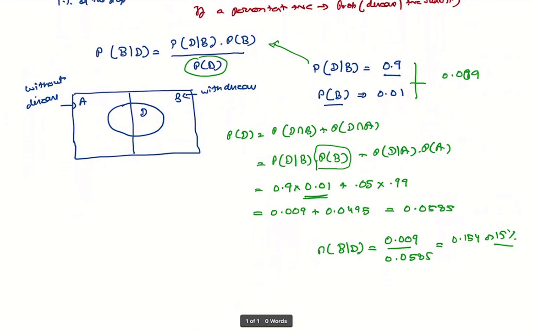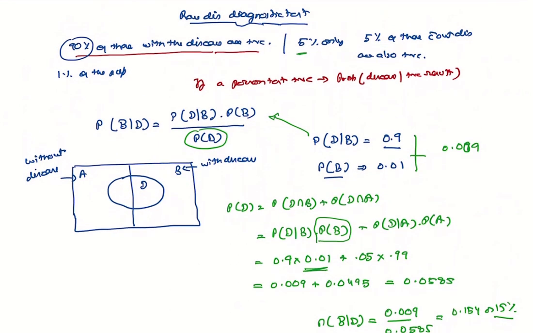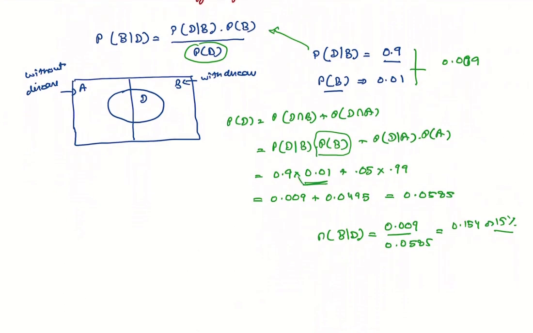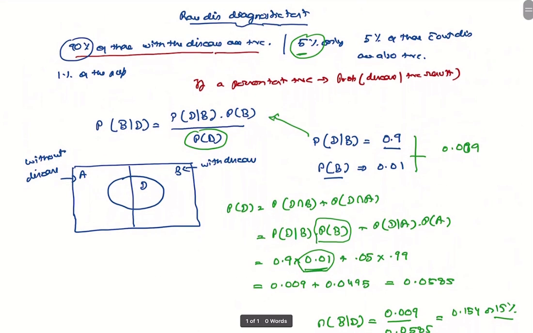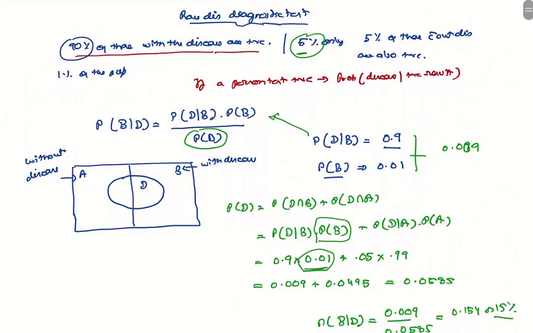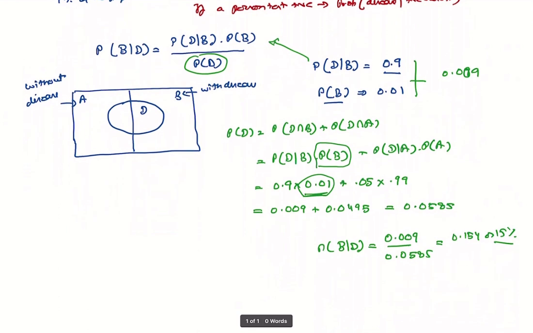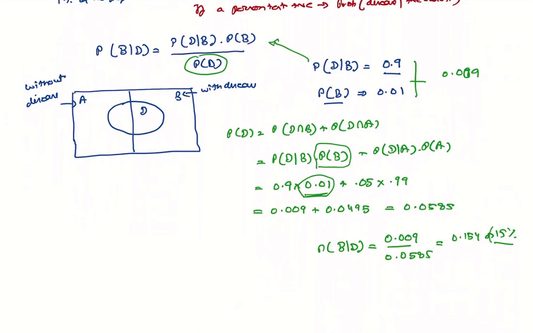So the two things that make an impact are the false positive rate, which is 5%, as well as the prevalence of the disease. If the disease is very rare, even if the test has a high degree of accuracy, the chances of a random person having the disease is going to be very low even if the test is positive.